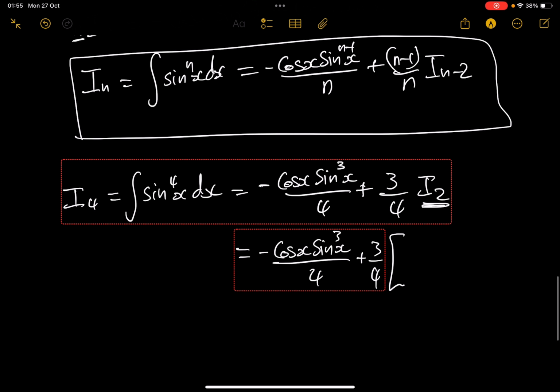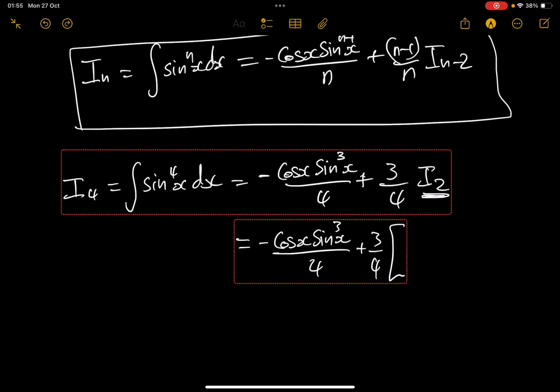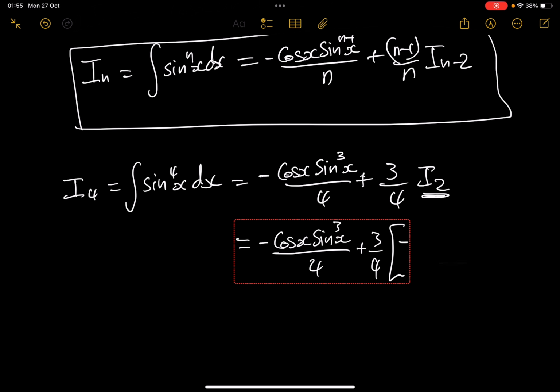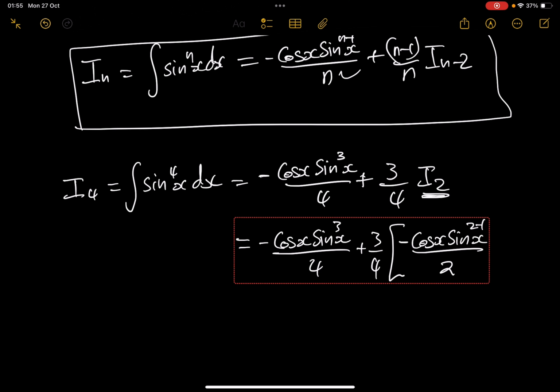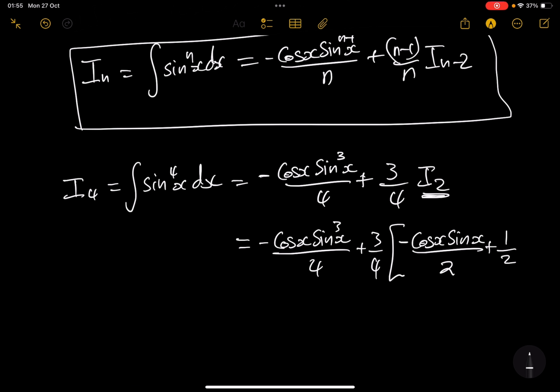What is I_2? You use this formula again, even for I_2. It's an iteration. In this formula where there's n, you substitute 2. So it's going to be minus cos x sin^(2-1) x over 2, and 2 minus 1 is just 1, plus (2-1) over 2, which is 1 over 2.